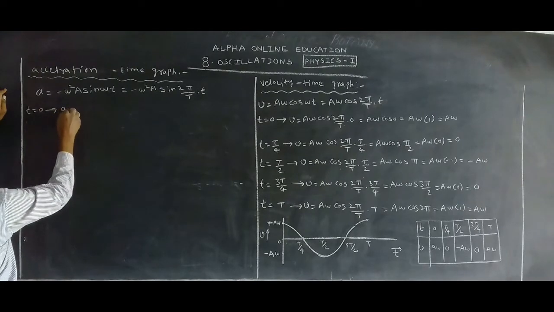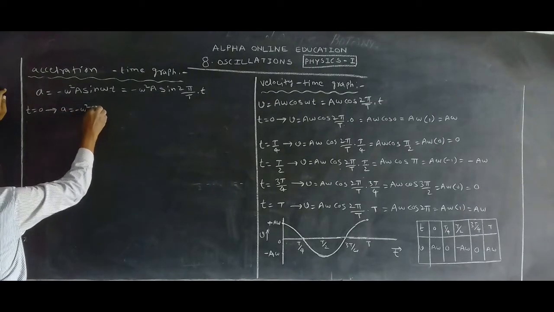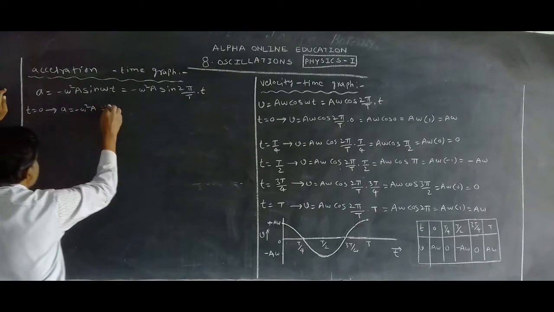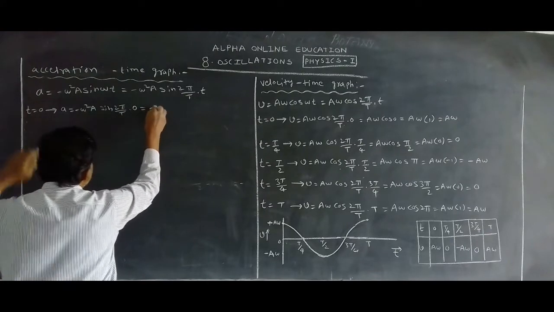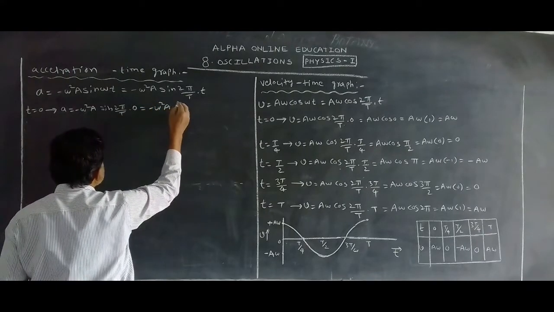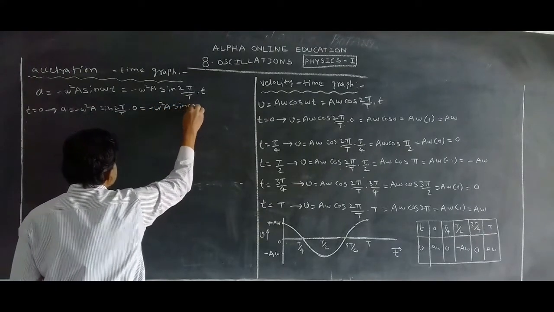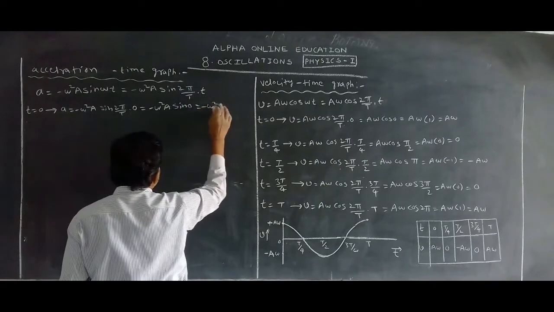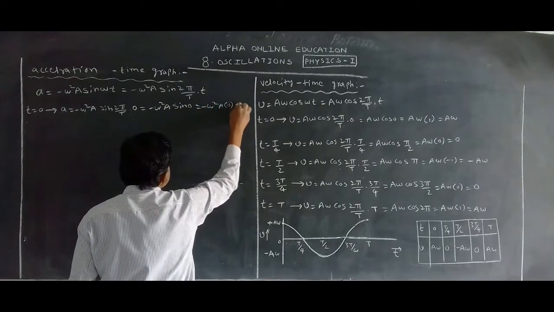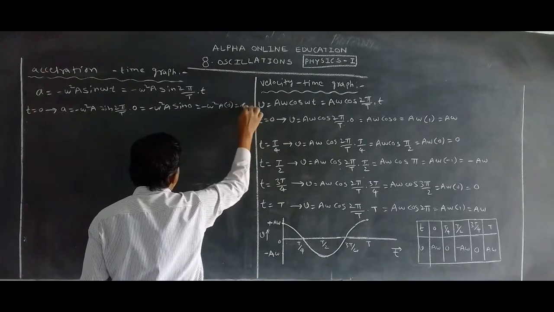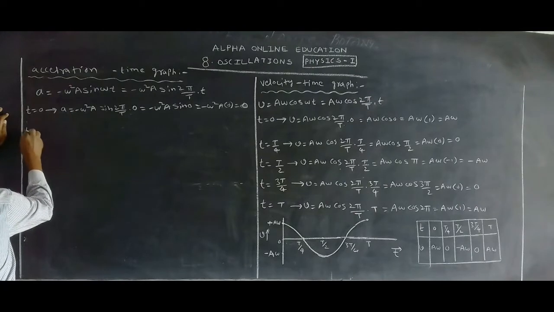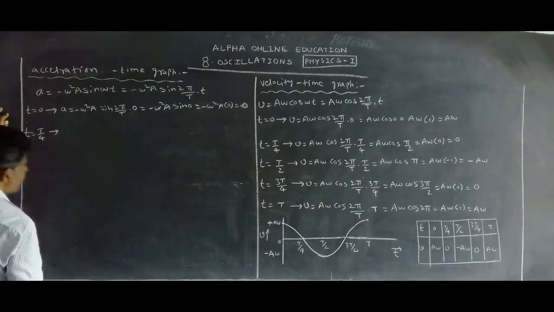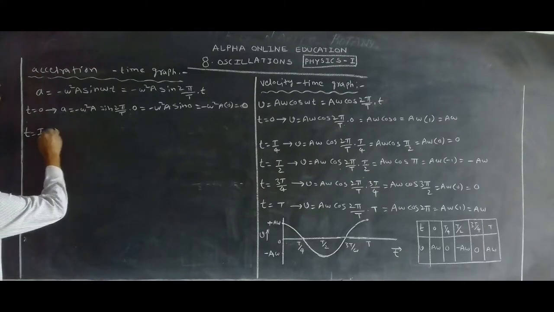What we can get? a is equal to minus omega square a sin 0. Answer is 0. Why? Sin 0 is 0.